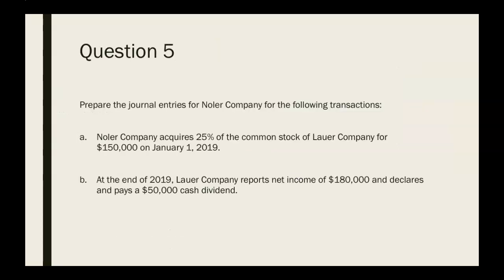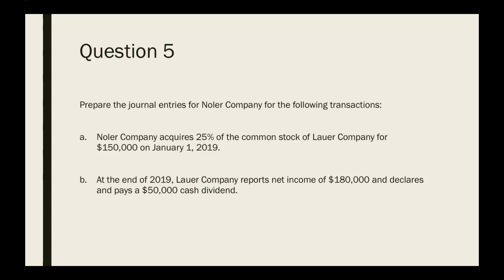So now we can take a look at question number 5. We need to prepare the journal entries for Knoller Company for the following transactions. Knoller Company acquires 25% of the common stock of Lauer Company for $150,000 on January 1st, 2019.